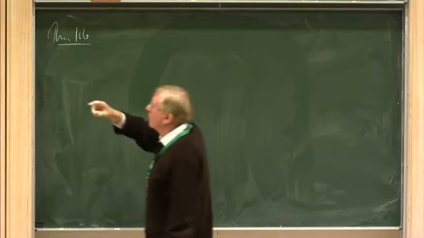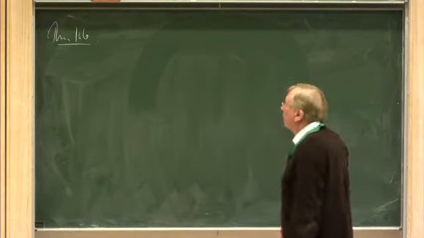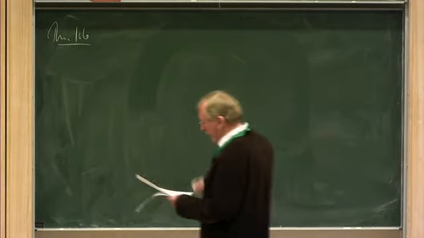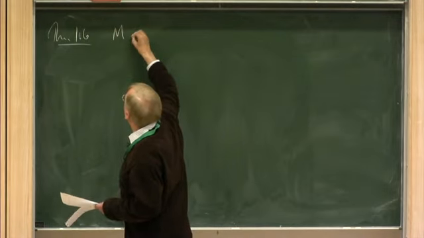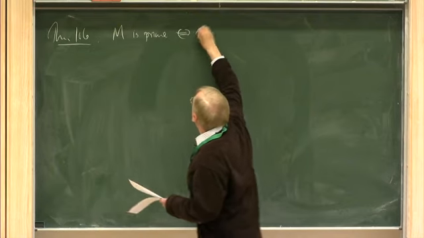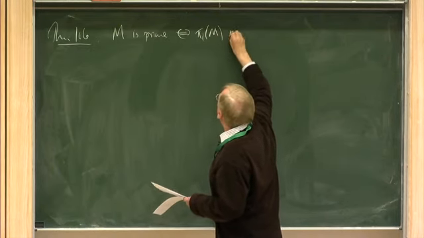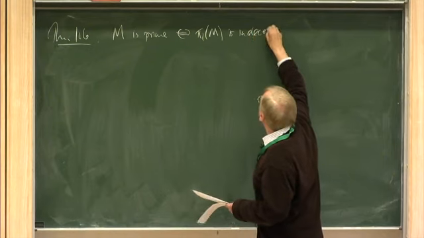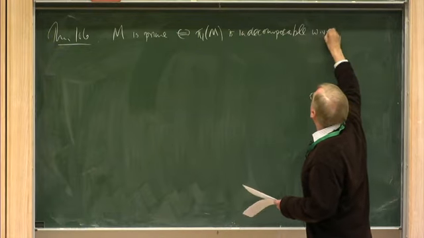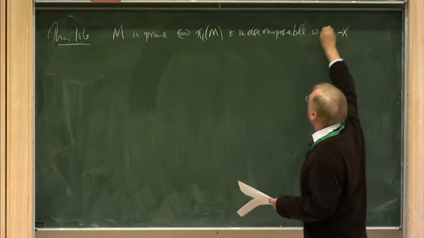I've talked about prime manifolds. Well, there's a purely algebraic characterization of such things, namely that M is prime if and only if pi_1 of M is indecomposable with respect to free product.